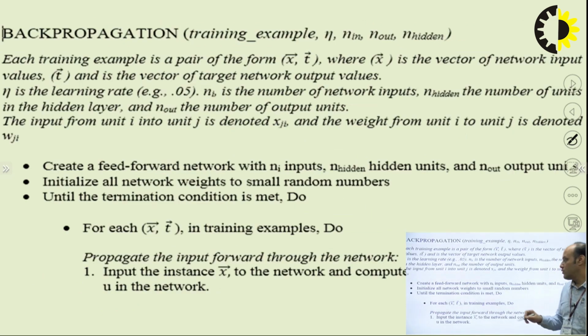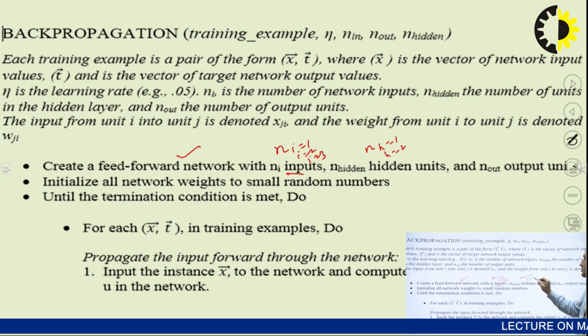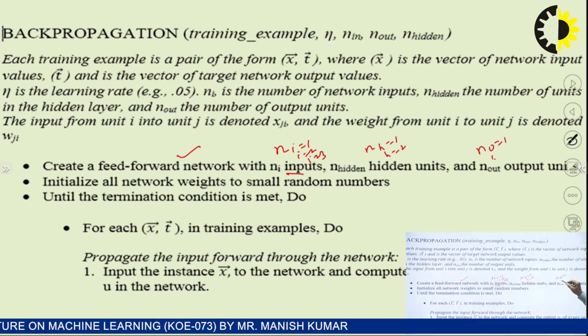So what I have illustrated is a feed forward network, showing where I have taken input. How many inputs I have taken? i equal to 1, i equal to 2, i equal to 3, so 3 input units. Hidden units h equal to 1, h equal to 2, so 2 hidden units will be taken, and we have taken 2 output units in our example.